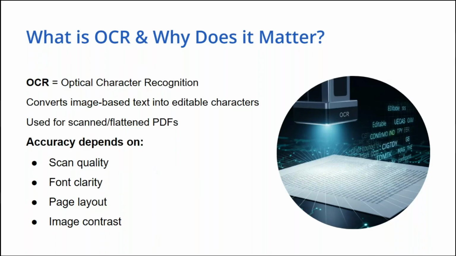However, it is important to know that OCR is only as good as the scan. If we have blurry, handwritten, or distorted text, that will definitely reduce accuracy. Remember that we have to pay attention to the original document we are dealing with.